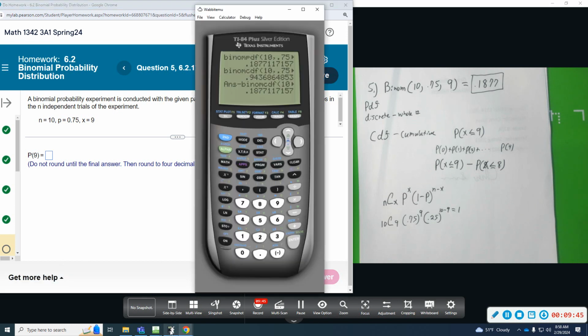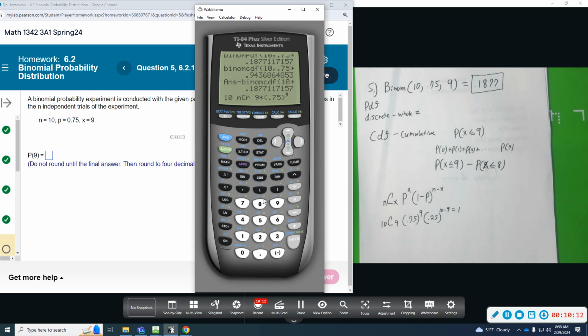So in the calculator, I'm going to do the combination first. I'm going to enter 10, and then I have to go to Math. I'm going to go over to Probability, and choose 3 for nCr. So 10 nCr, and we're going to get 9 successes. We're going to multiply this by 0.75, raised to the 9th power.